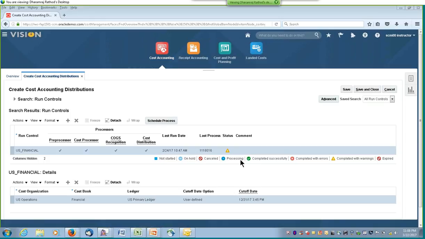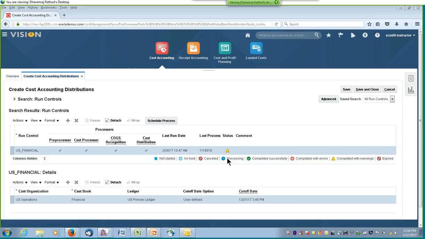All right. So when your cost processor picks the transaction, it will identify the cost profile. And on the cost profile, you would have your valuation structure. It says that valuation structure is at the sub-inventory level. So the cost profile will pick the transaction and pull the information from the transaction, right? So let's say you might have put it into certain sub-inventory, so you would know what sub-inventory you put it.